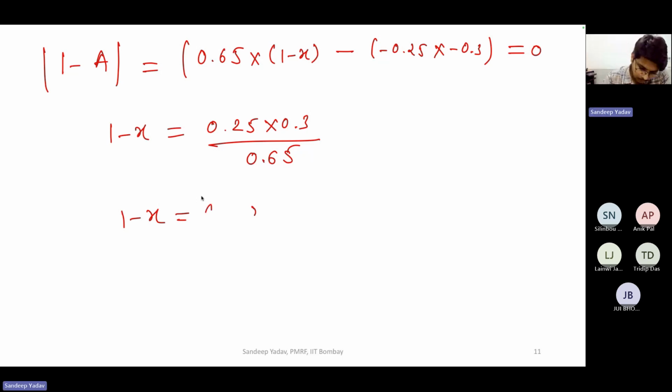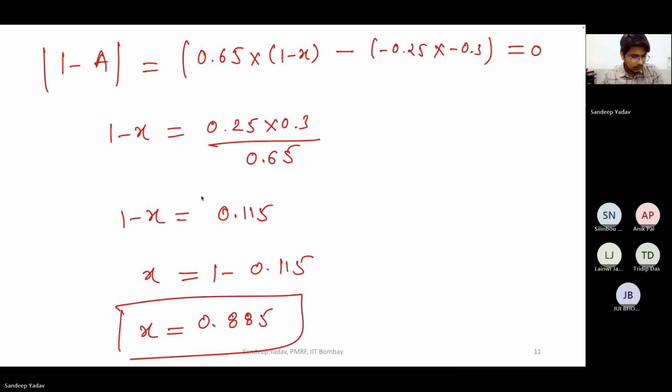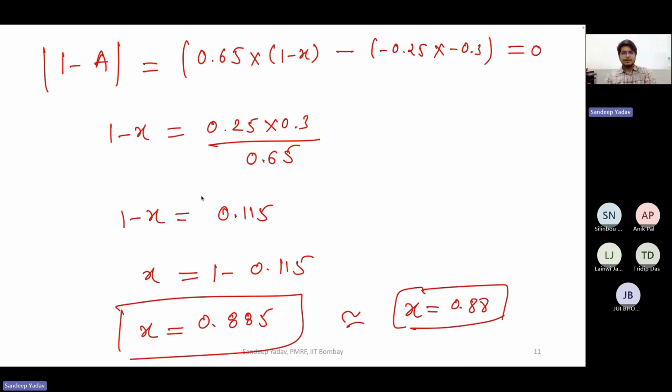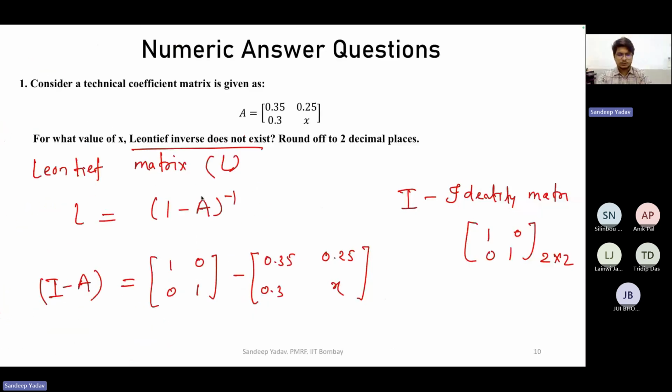That comes out to be 0.115. Now for calculating x, it is equal to 1 minus 0.115, so x would be 0.885. If you round off, x is equal to 0.88. So that's how we can calculate the value of x that's been asked in this question.